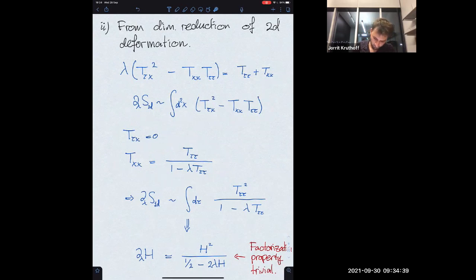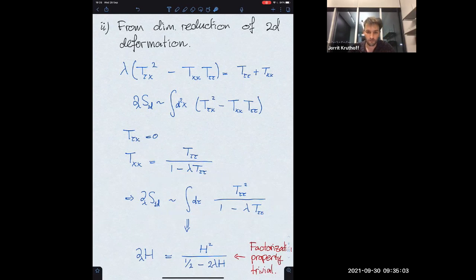Then we can integrate out over the angular coordinates that we're reducing along, and you'll get a flow of the 1D quantum mechanics action that looks like this. And this flow of the action, of the 1D action, can be turned into a flow of the Hamiltonian.